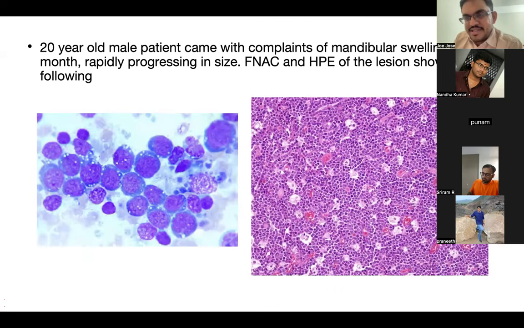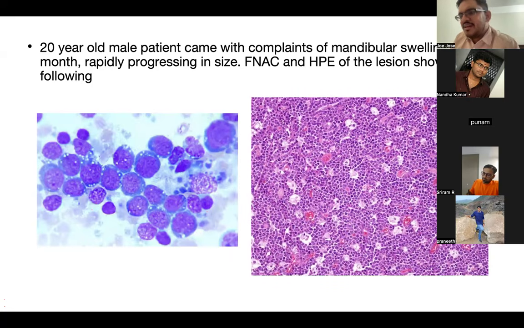You're right, those two points stand. It should be dose intense, that is, a high dose of chemotherapy should be given. It should also be dose dense, that is, there should be less interval between each regimen, and you should also give anti-TLS prophylaxis. Most importantly, it should be prompt. You should start treatment immediately. Yes, sir, because there's a doubling time of 24 hours, so it will progress very rapidly.